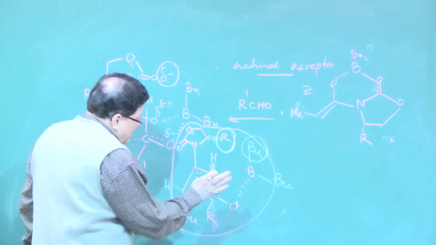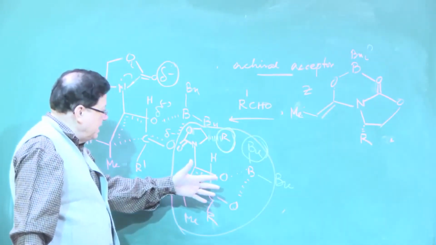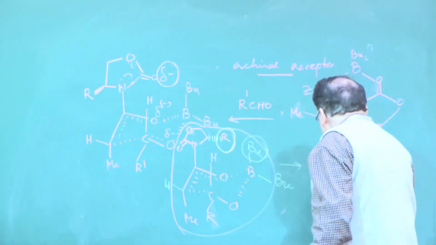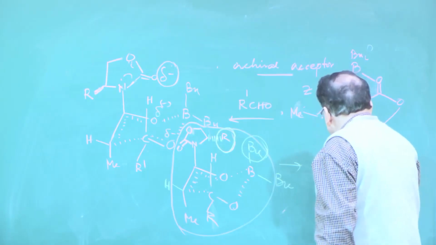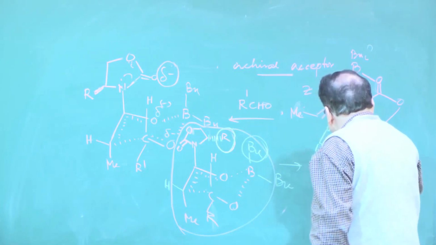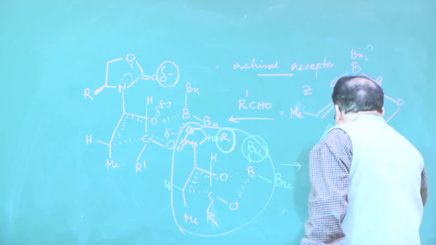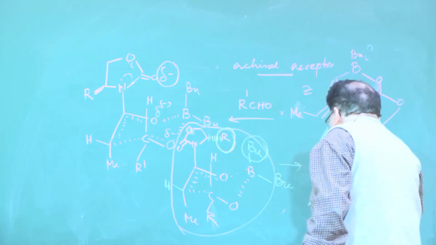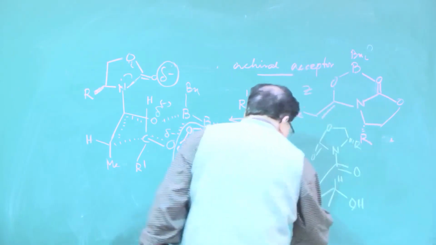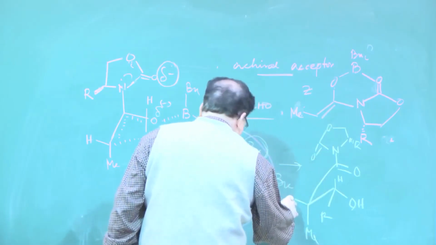Number two, facial selectivity is also there, because it is only approaching from this side, and that leads to the formation of only one compound. That compound will be CO N, this is the oxazolidinone, R, and then OH, and this will be H. This will be your methyl and this will be your hydrogen.